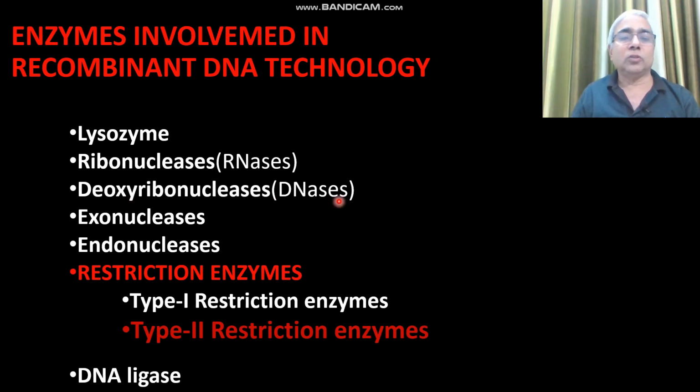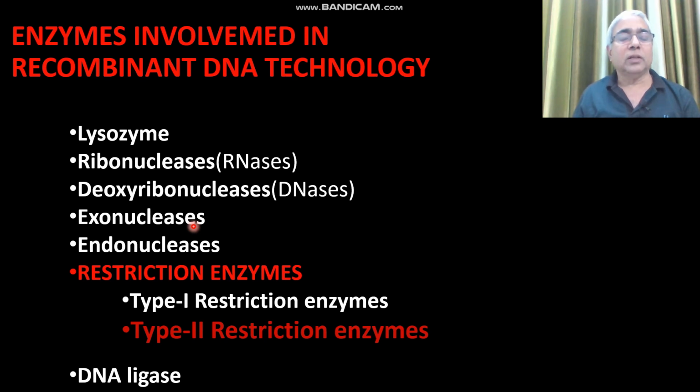These deoxyribonucleases are of many different types, like exonucleases, meaning those deoxyribonucleases which cut the double-stranded DNA from the two ends, either singly or in oligonucleotides. Endonucleases are those DNases which cut the DNA molecule from the middle, meaning they divide the DNA molecule into two parts. Among these endonucleases, restriction enzymes are the most important.